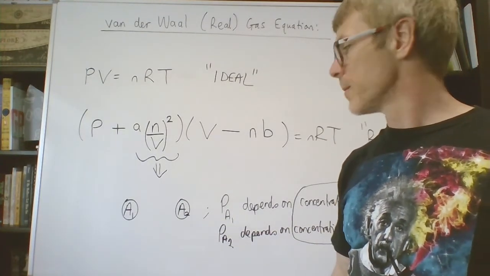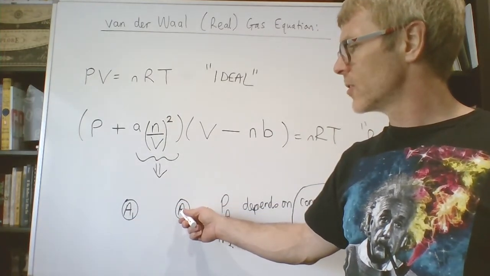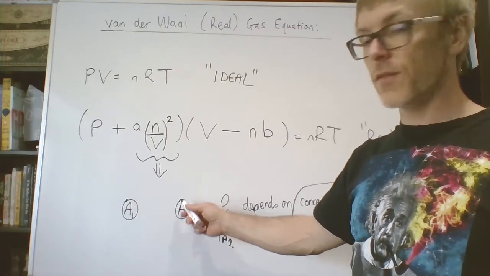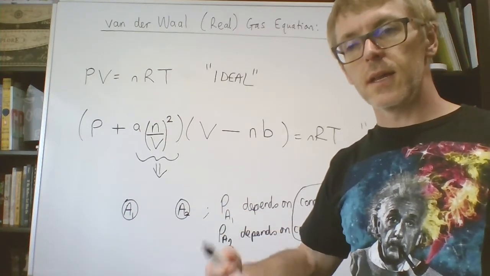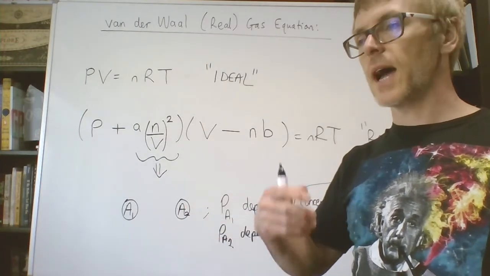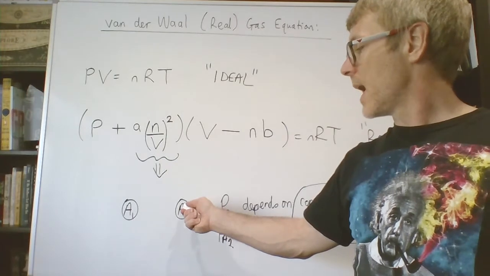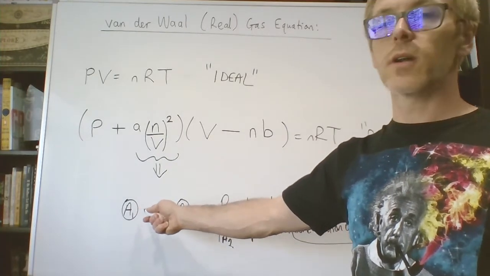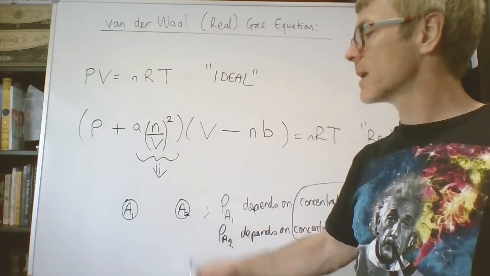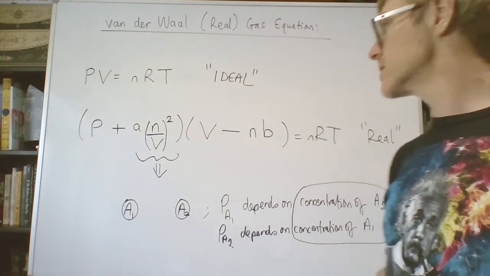For example, the presence of A2 prohibits A1 from occupying the volume taken up by A2. A2 has a definite size, and the volume that A1 can occupy is the total volume minus the volume already occupied by A2, and vice versa.